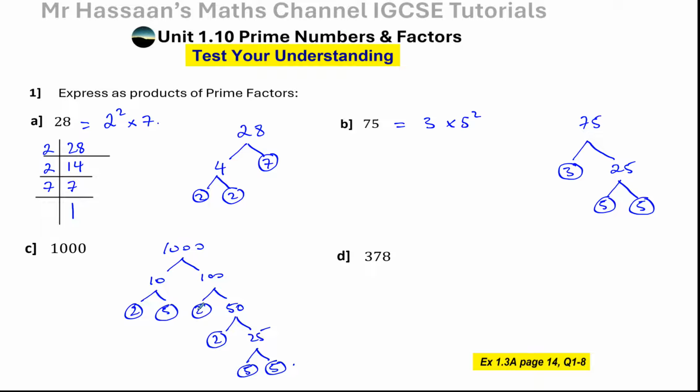So you have 2 times 2 times 2, that's 2 cubed, times 5 times 5 times 5, that's 5 cubed.